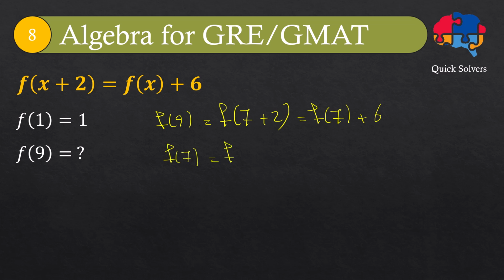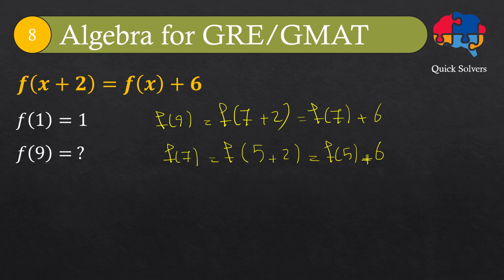Again, I should try to write 7 in the format of x plus 2. So I can say 7 is 5 plus 2, which equals f of 5 plus 6, sorry. And again, we don't know what f of 5 is.